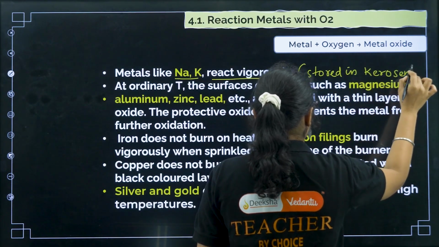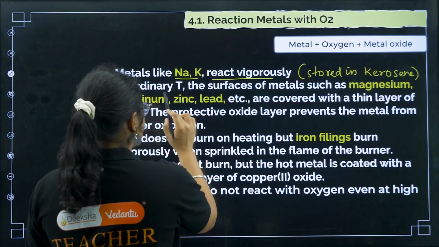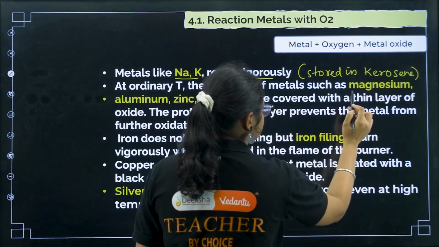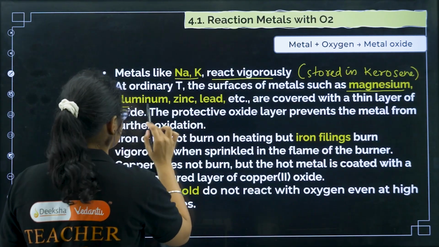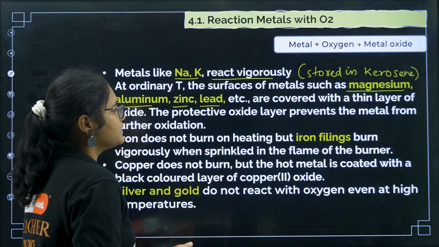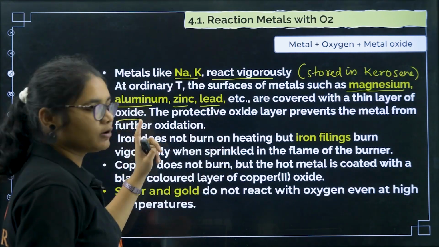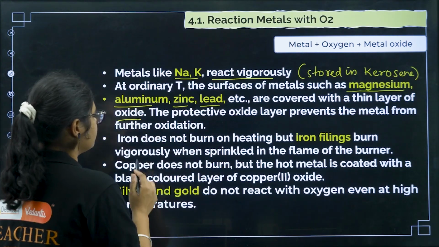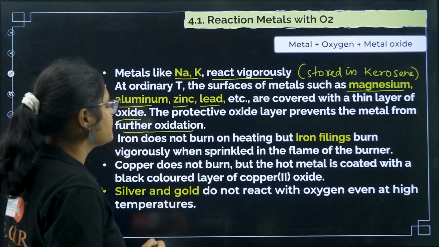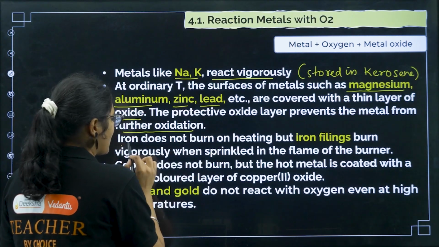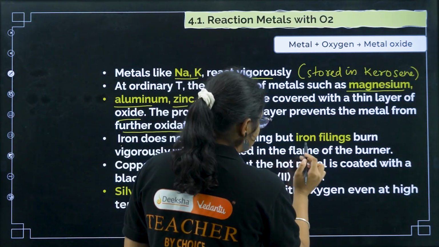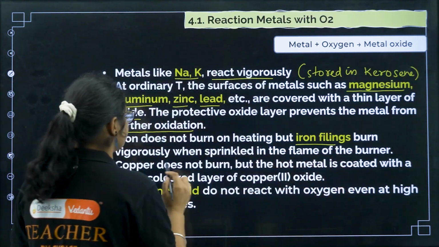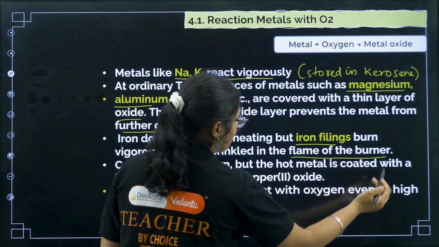Next, at ordinary temperature the surfaces of metals such as magnesium, aluminium, zinc and lead are covered with a thin layer of oxide. This protective oxide layer prevents the metal from further oxidation. Next, iron does not burn on heating, but iron filings burn vigorously when sprinkled in the flame of the burner.